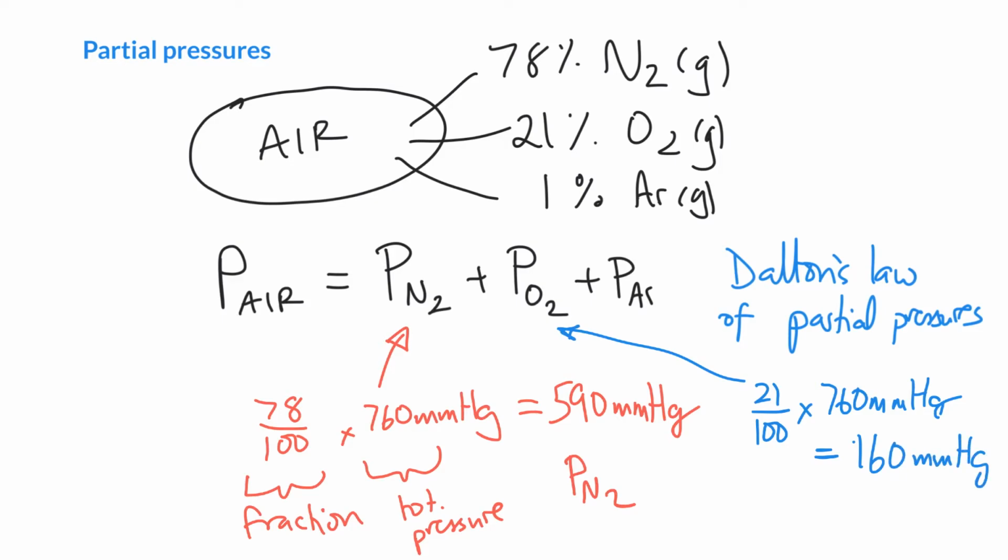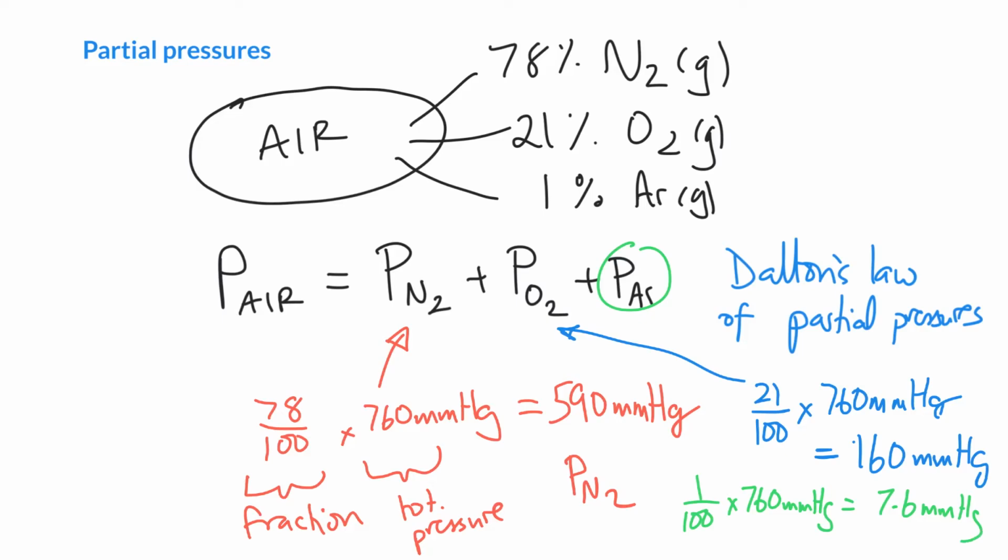And we can do the same thing for the argon. So if we do the argon in green, it is 1%, so that's 1 over 100 times 760 millimeters of mercury. And that's something like 7.6 millimeters of mercury.